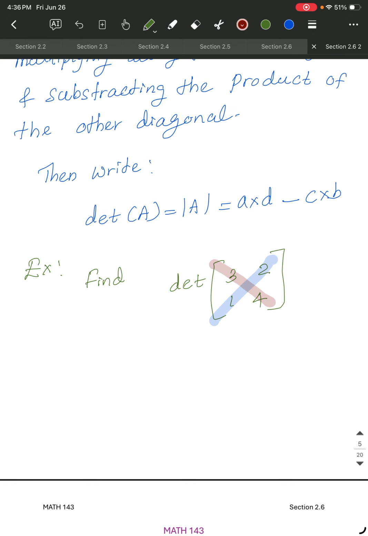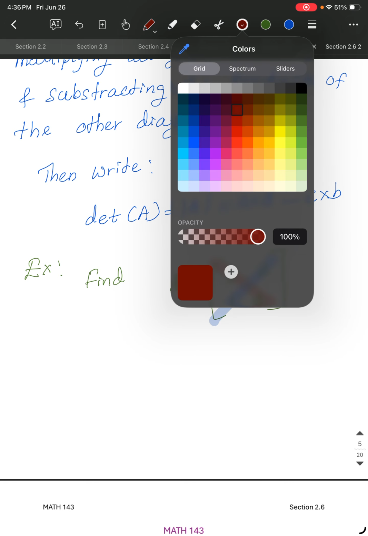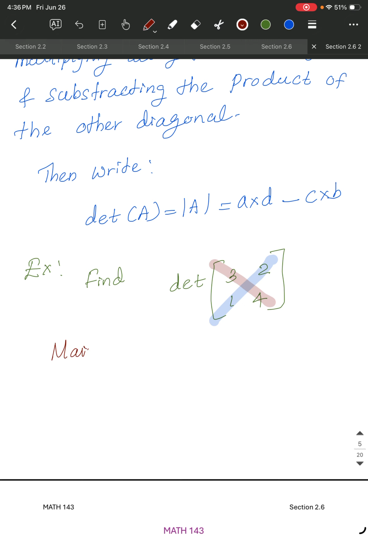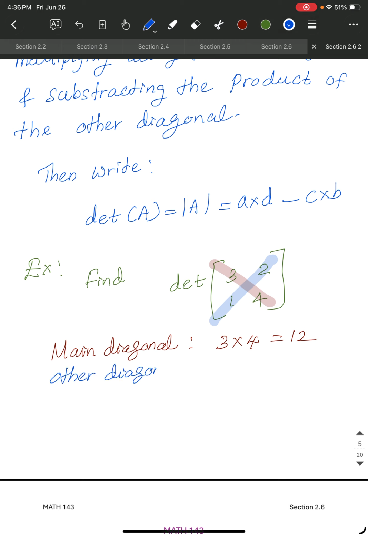Let's use red for the main diagonal: 3 times 4, 12. Let's use blue for the other diagonal: 1 times 2, 2. Then the determinant of A is 12 minus 2, 10.